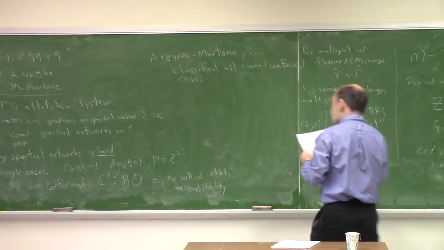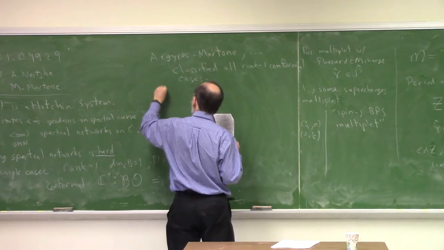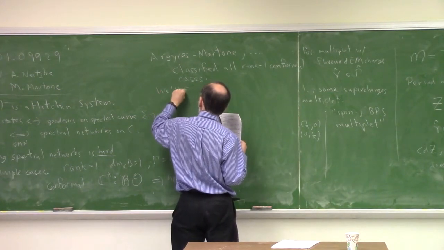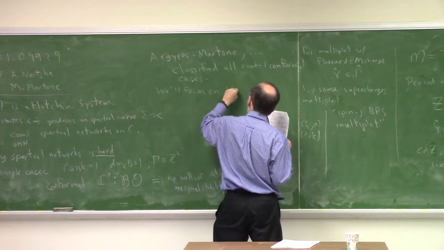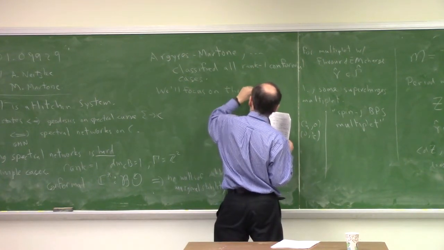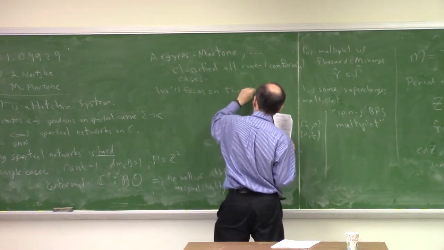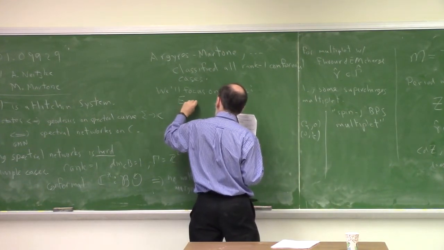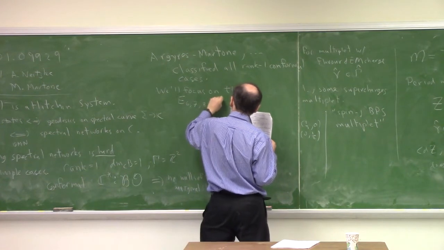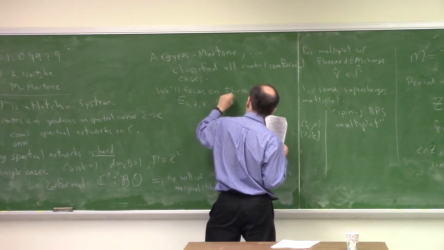And we'll focus on 3 of them, the so-called E6, E7, and E8 Minahan-Nemeschansky theories.